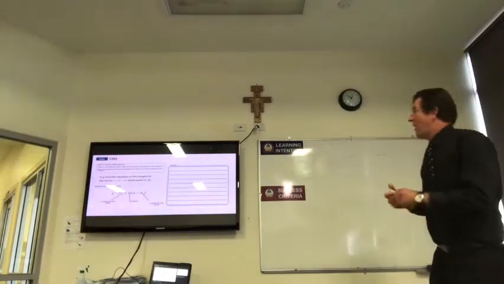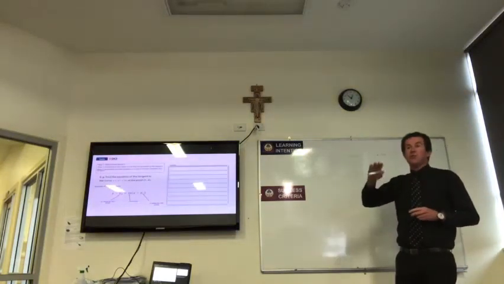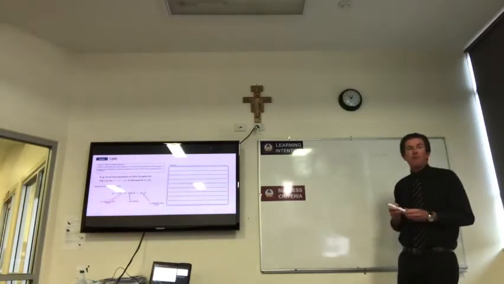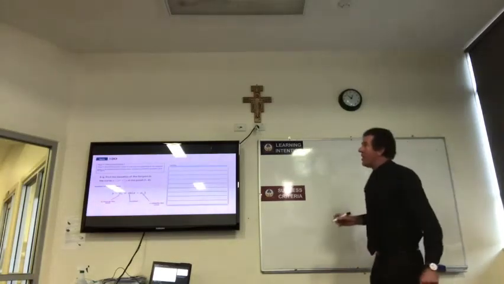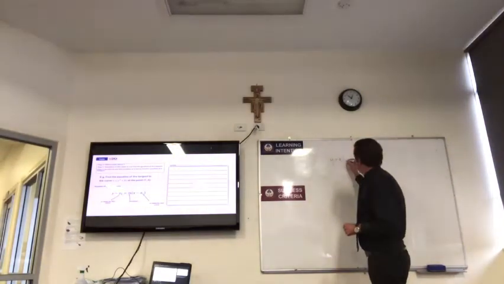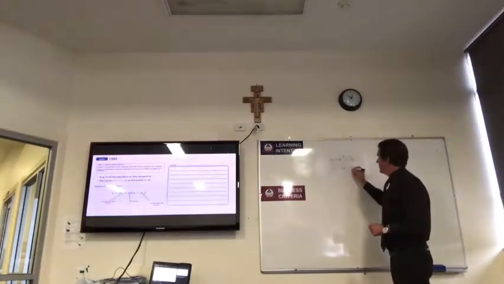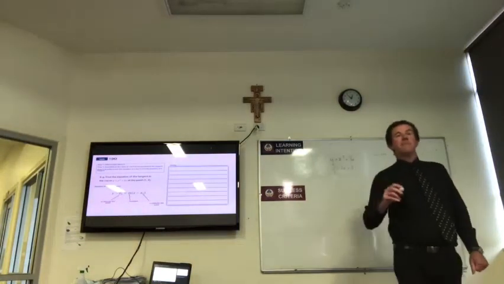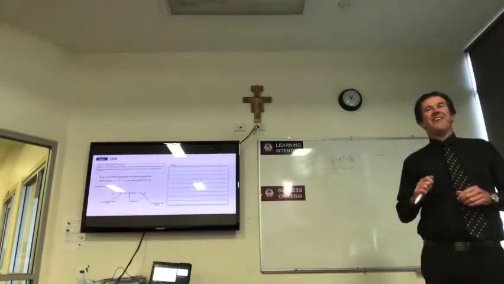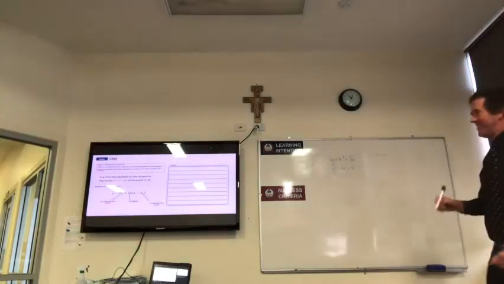I have y equals, now you can either write this on your whiteboard or you can notate it on your sheet because there's room on your sheet to do this, but wait until I do it. So we find y dash: y equals x squared plus 3x. So I differentiate to get 2x plus 3. What do I differentiate to find? The gradient of a tangent at a particular point. Okay. All right.